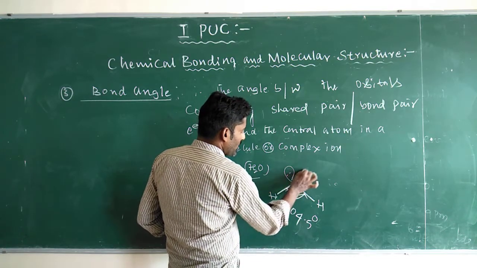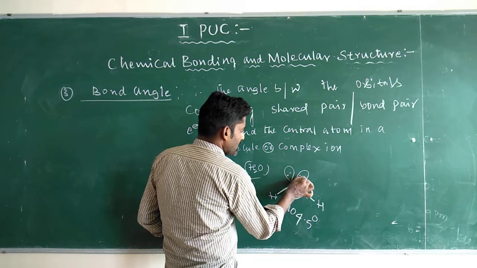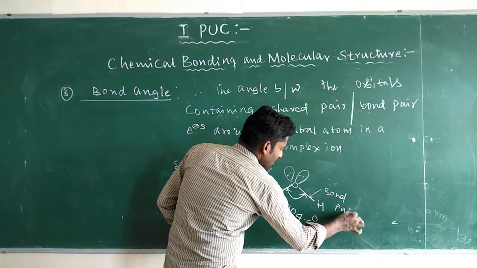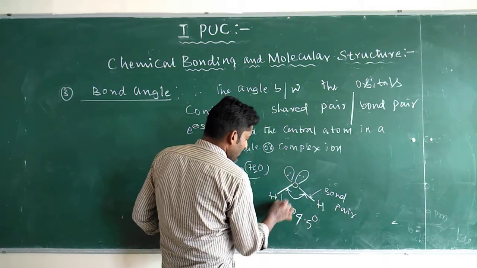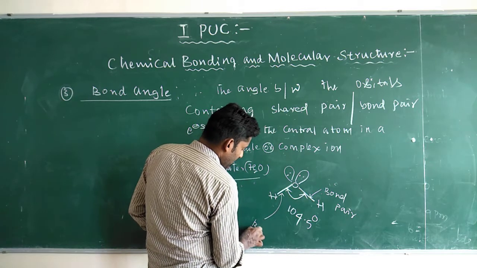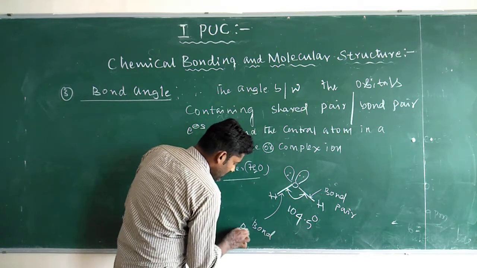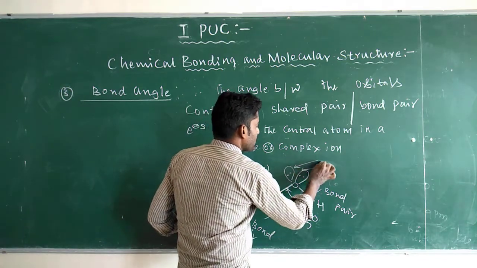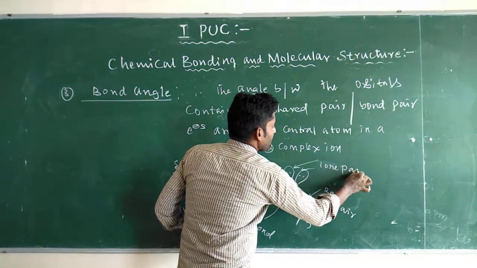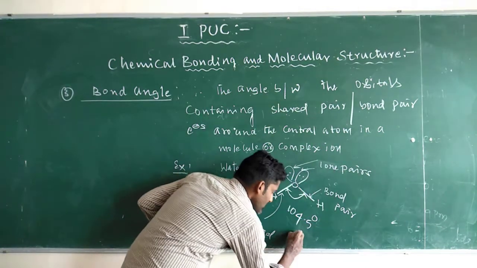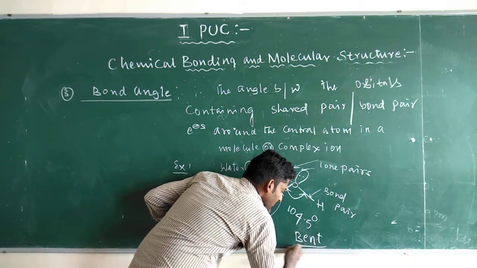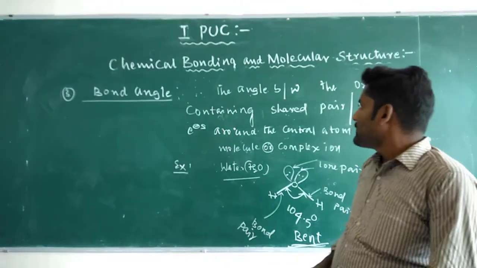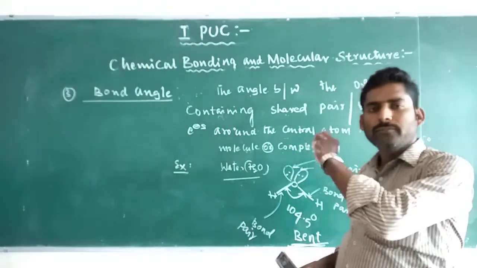There are two lone pairs of electrons. See, these are bond pair orbitals containing bond pair electrons, and these are the lone pair electrons. So the structure is bent shape.